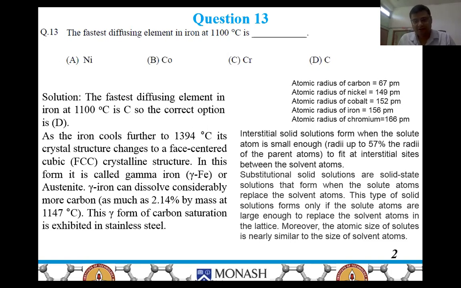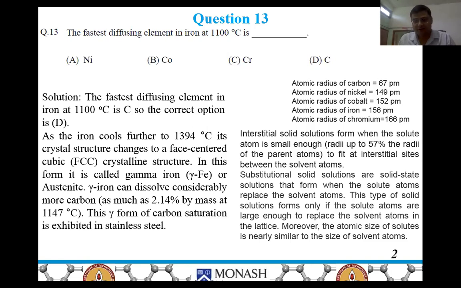Interstitial solid solution forms when the solute atom is small enough, with radii up to 57% of the radii of the parent metal atom, to fit at interstitial sites between the solvent atoms.